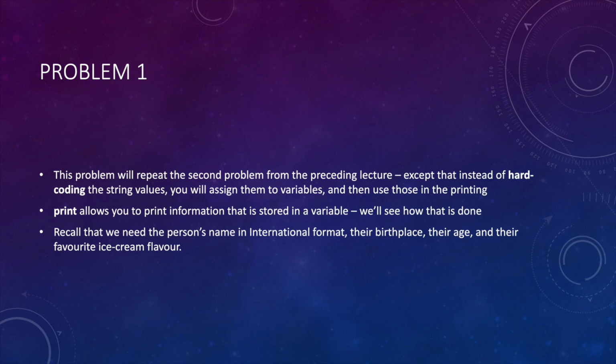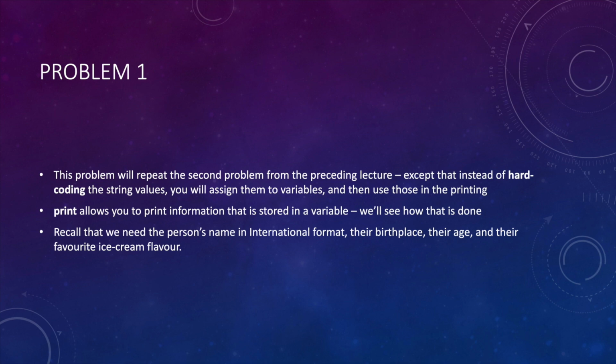So our first problem for this lecture will repeat the second problem of the preceding lecture. Remember the one where we had you print your name, your birthplace, then we had you print your age, and your favorite ice cream. We're going to do the same thing, except instead of hard-coding the string values right into the print statements, we're going to assign them to variables and use the variables in the printing.